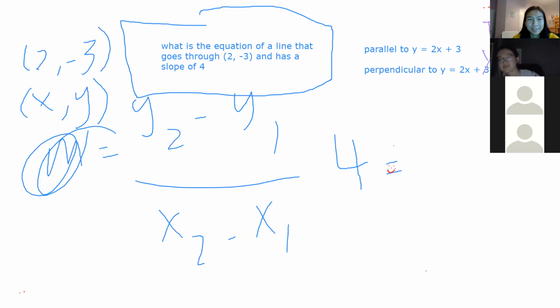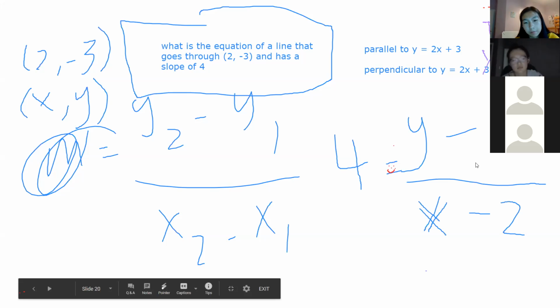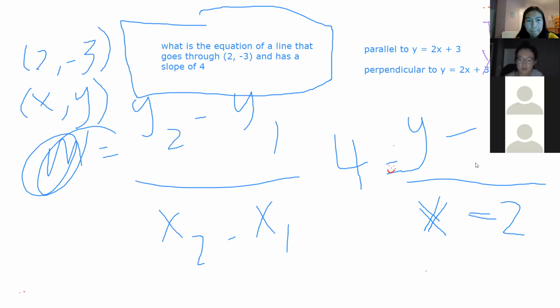It would just be y minus -3 over x minus 2. Does that make sense? Awesome. So we took the point xy and the point 2, -3, and plugged them in for slope.